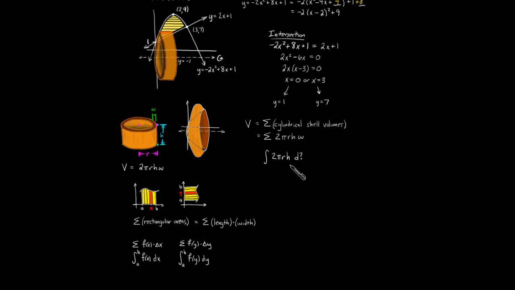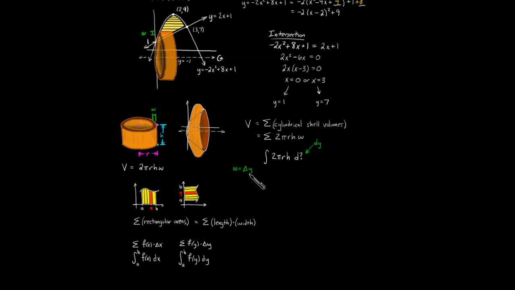What is it here? Well, again, notice w is this little tiny thickness. If I find that same thickness up here, notice it's this little tiny height, this little tiny length of this vertical segment. That being a vertical segment, its length is going to be a difference of what? Well, a difference of y coordinates. And so this width is a change in y.